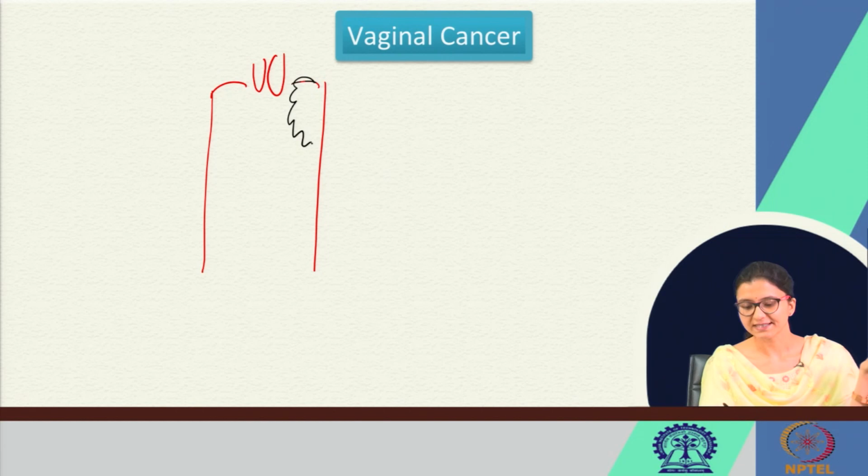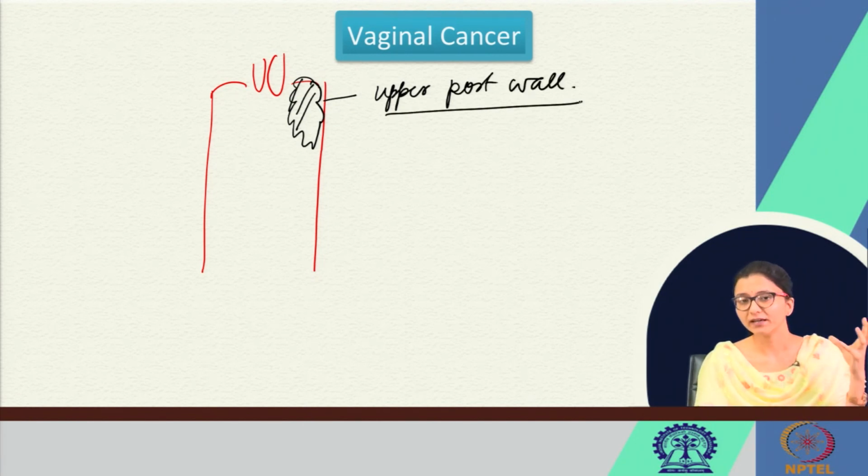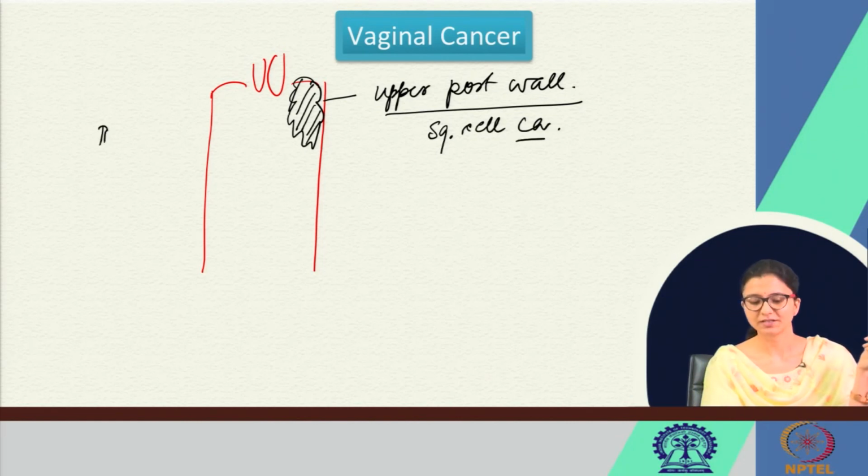The most common site is the upper posterior wall of the vagina. So, any growth in the posterior wall looking ugly, looking irregular, bleeding on touch, most likely can be vaginal cancer. It needs to be biopsied. Most common is squamous cell cancer. Second most common is adenocarcinoma.